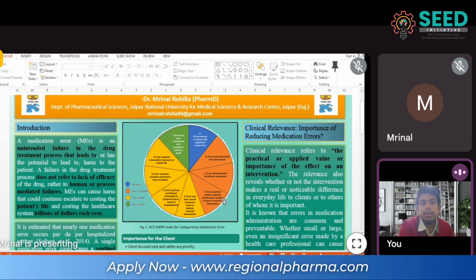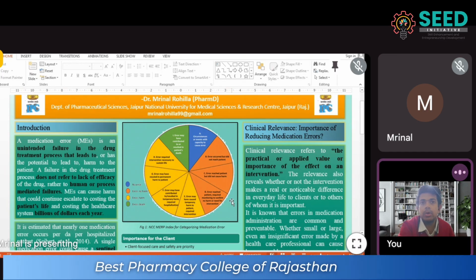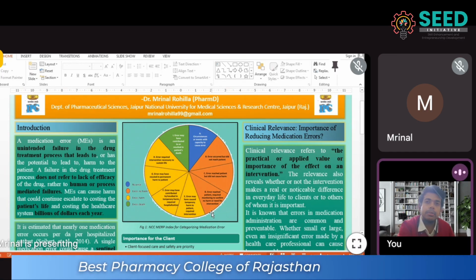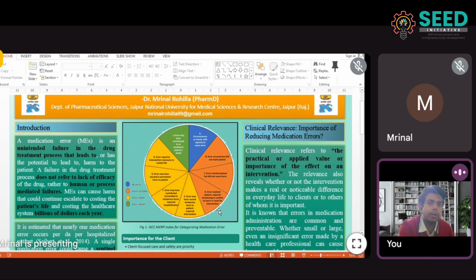As I've said, there is an error occurring but potential harm to the patient does not occur. Then comes the error that is there and also causes harm to the patient. First is type E, where the error may have caused temporary harm to the patient and required intervention. Then type F, where the error may have contributed to or resulted in temporary harm and required hospitalization.